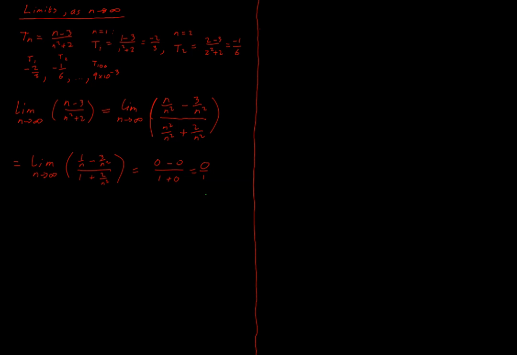Now, what implication does this have for S of n, the sum of all of our terms? Remember that S of n is the sum, with r equal to 1, up to n of Tr. If we let that go to infinity, the sum to infinity would be the sum from r equal to 1 up to infinity of Tr.